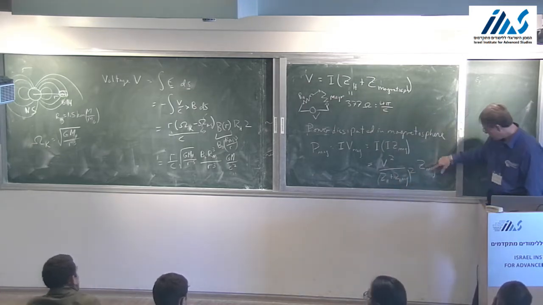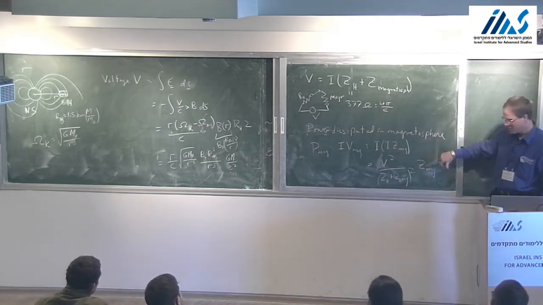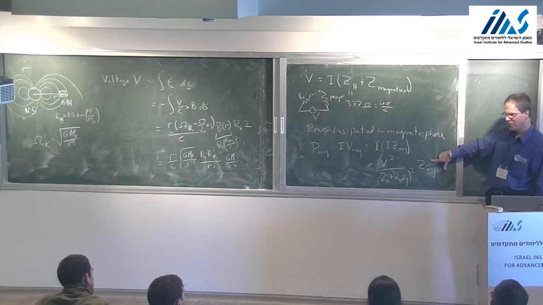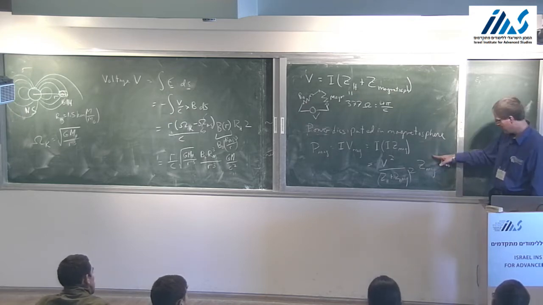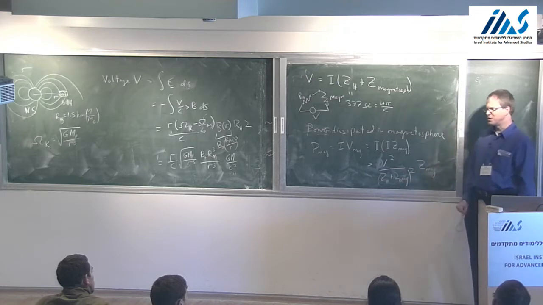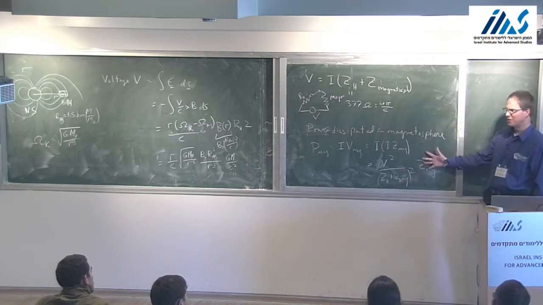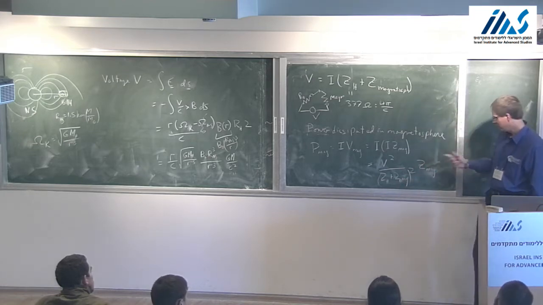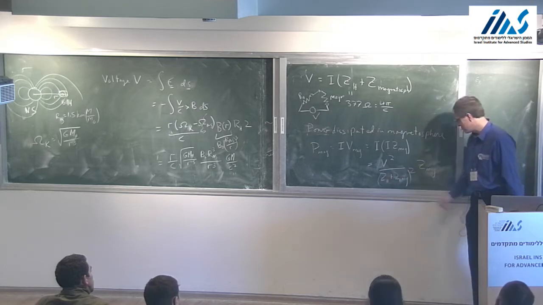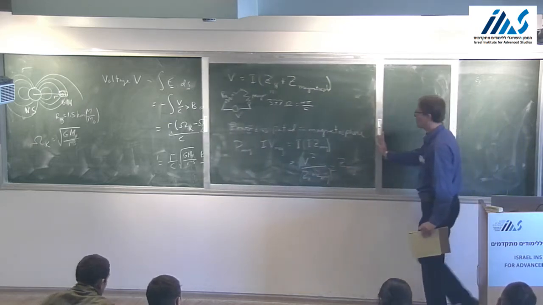Okay, so if you look at this equation, you see if the magnetosphere has zero resistance, this is zero. If it has infinite resistance, this is zero. And if ZH equals Z mag, then this is the maximum possible value. So best is when you impedance match, so the magnetosphere matches the black hole.